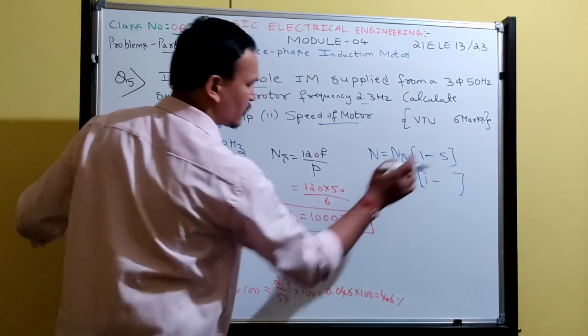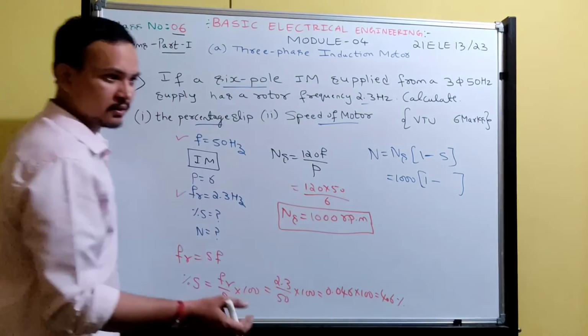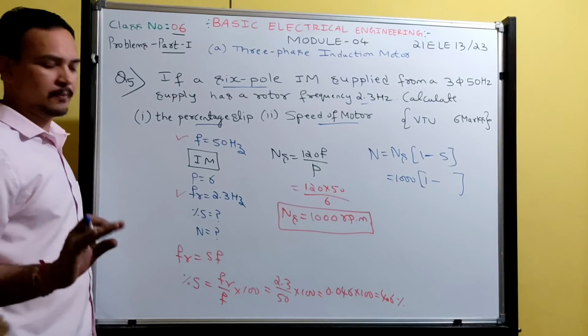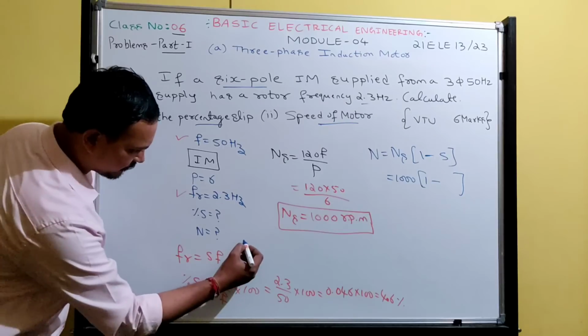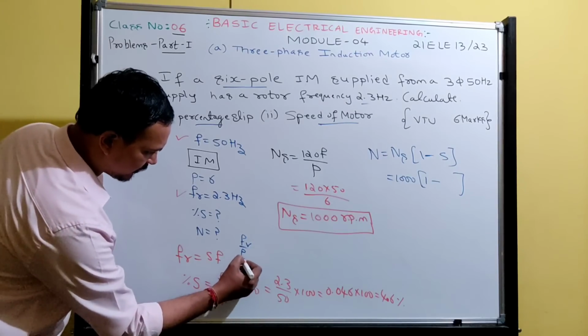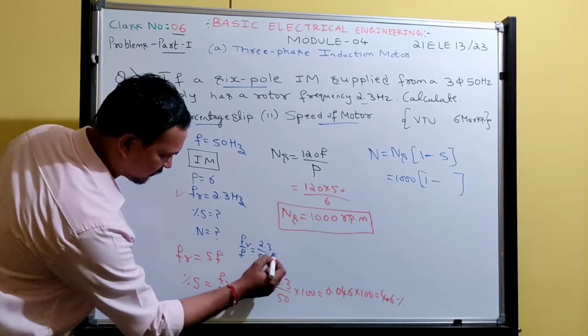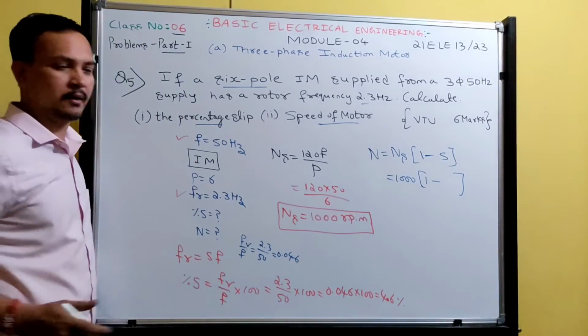Here you should write absolute slip value. Don't write 4.6. That is not correct. You write absolute slip, which means the fraction, simply Fr by F. Fr is 2.3, F is 50. What is the exact value? This 0.046. This value you must write there.